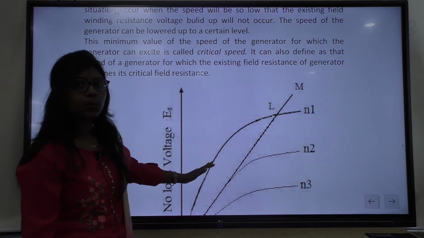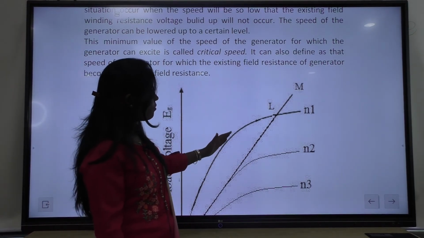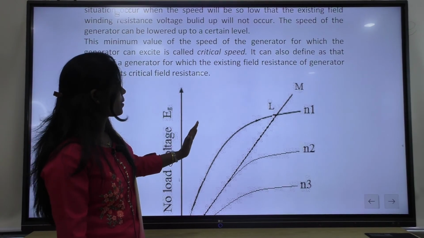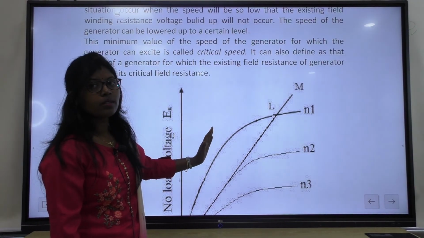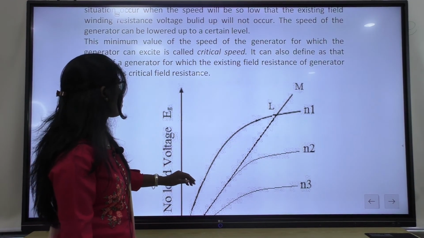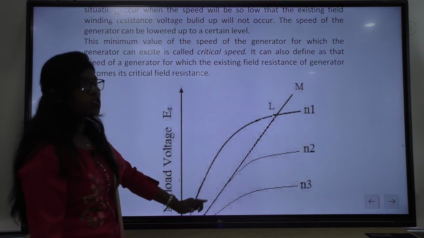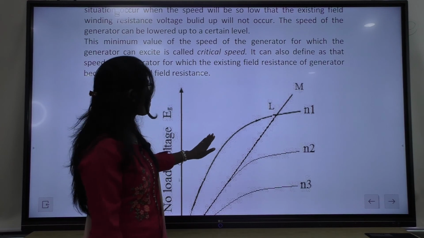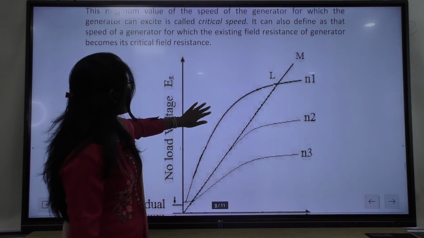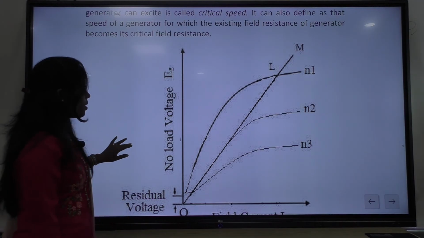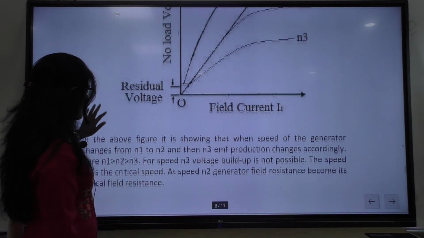Below this, the generator is not able to generate the voltage. Okay. So, this is the minimum speed. The critical speed is the minimum speed for which the generator can excite. Okay. This is the critical speed.